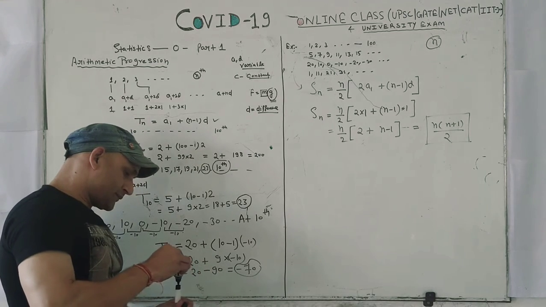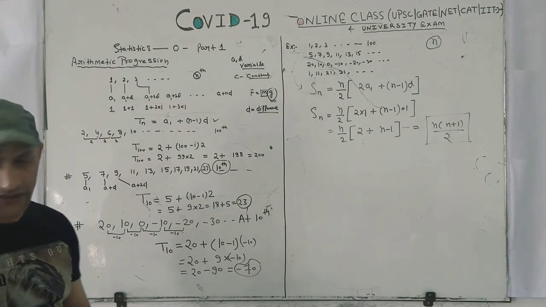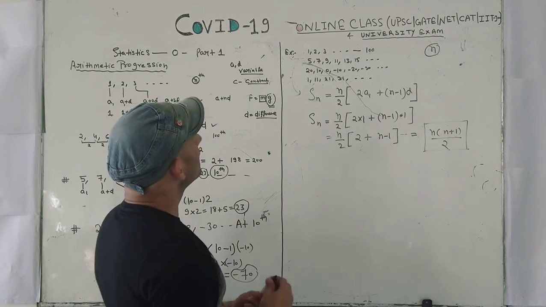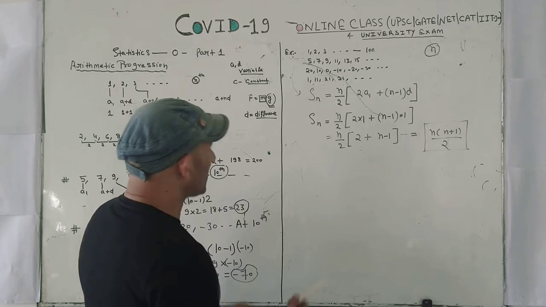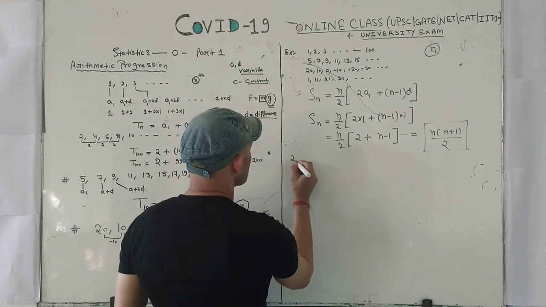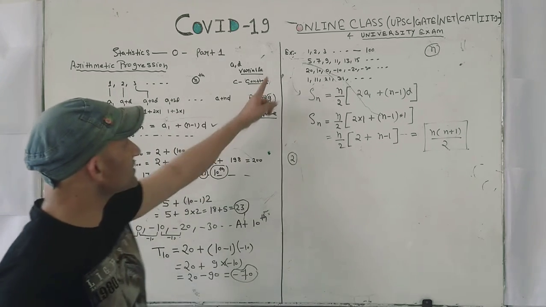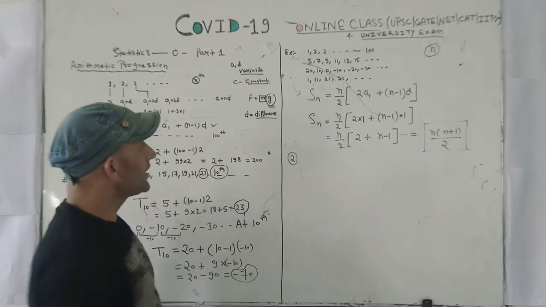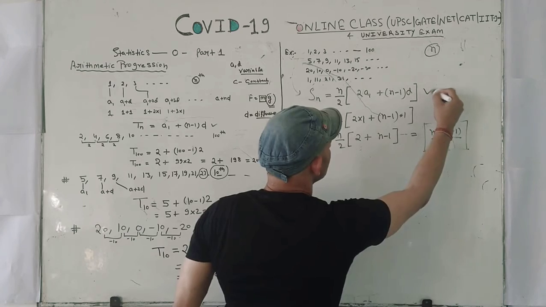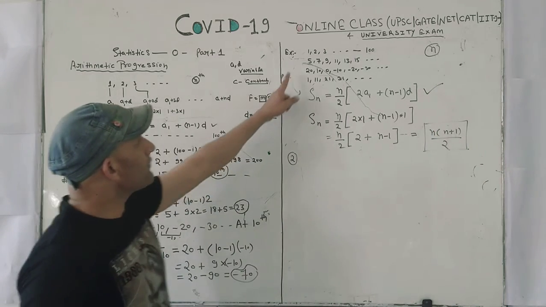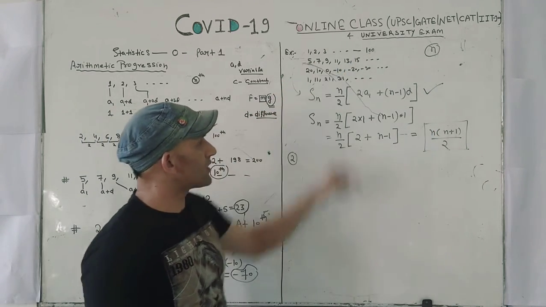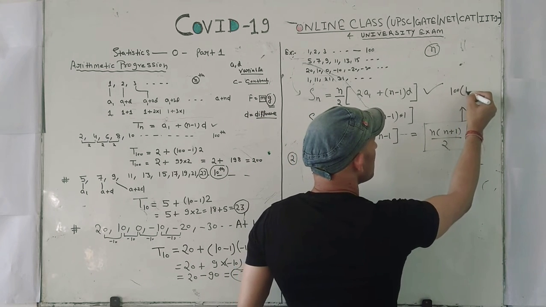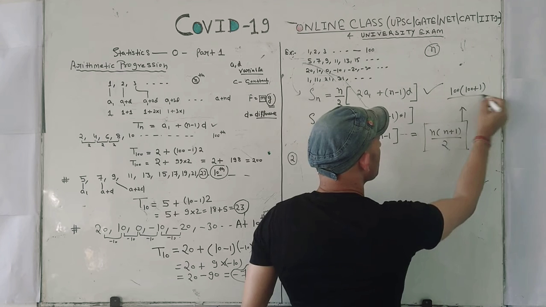Now the next question we are taking. Suppose someone asks this question: what is the sum of this series, the sum of the 100 natural numbers? You have to use this formula and put in the value: 100 into 100 plus 1 upon 2.